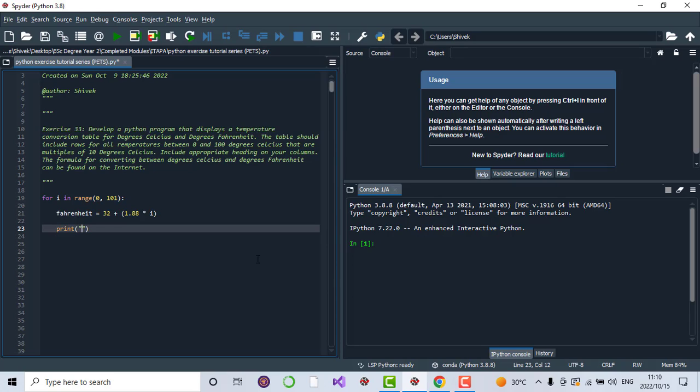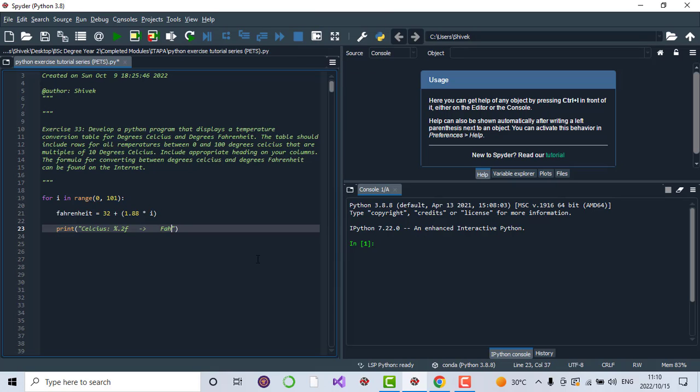Okay, so what we can do is I'm thinking maybe we'll use placeholders. We'll do a Celsius, yes, and let's do a percentage .2f, that's fine. Then we'll have some space maybe. Yeah, that's good.